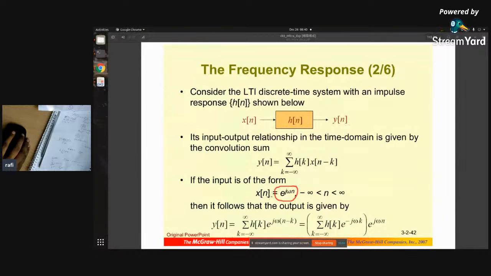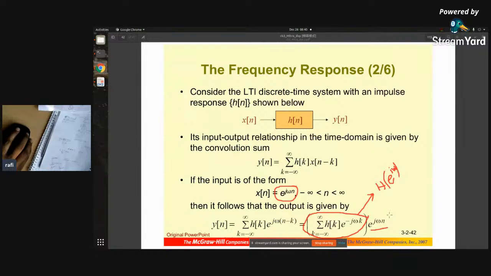So that means when you pass this complex exponential signal through an LTI system, the output is just a scaled version of this complex exponential. The output we have seen, y of n, is e power j omega n only, but multiplied by a scaling factor which is independent of n, and we call it H of omega, or H of e power j omega, which is the DTFT of the impulse response of the LTI system.